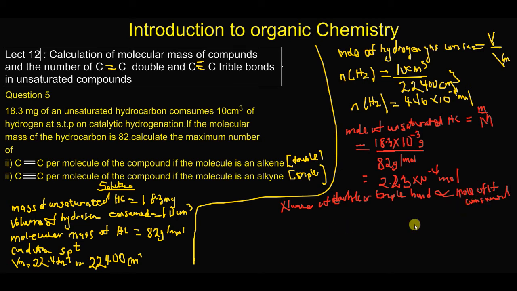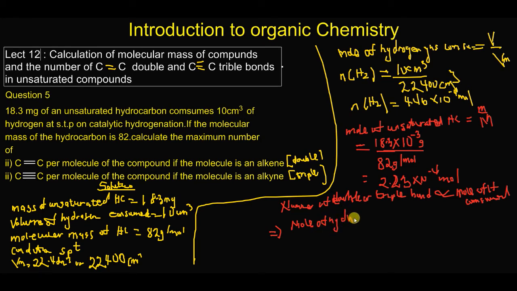So what do we do here? To find the number, you know the mole of the hydrogen gas consumed already, and you know the mole of hydrocarbon that has been consumed.